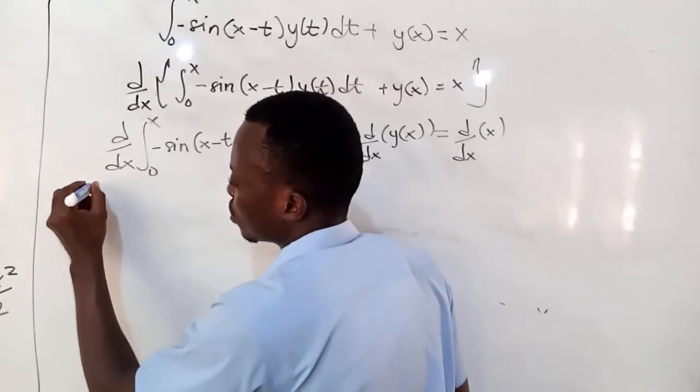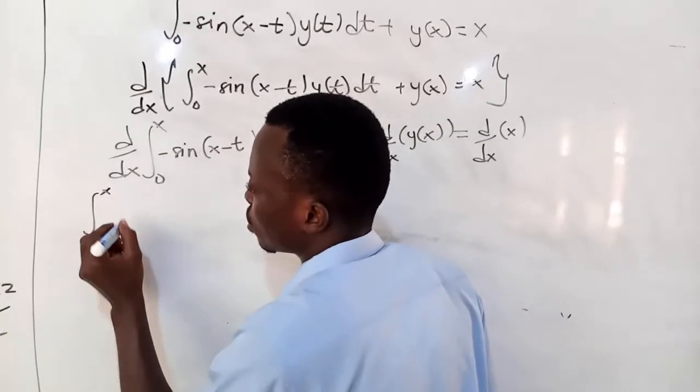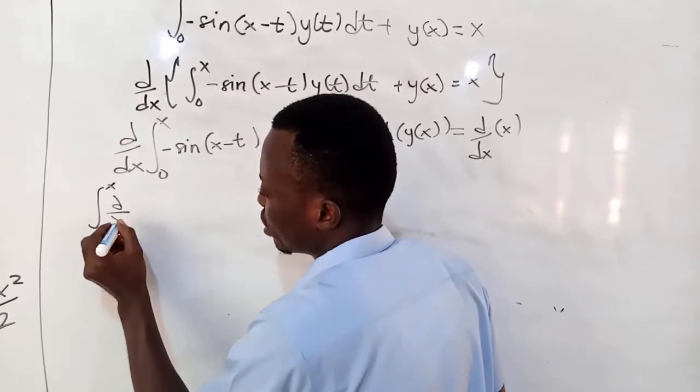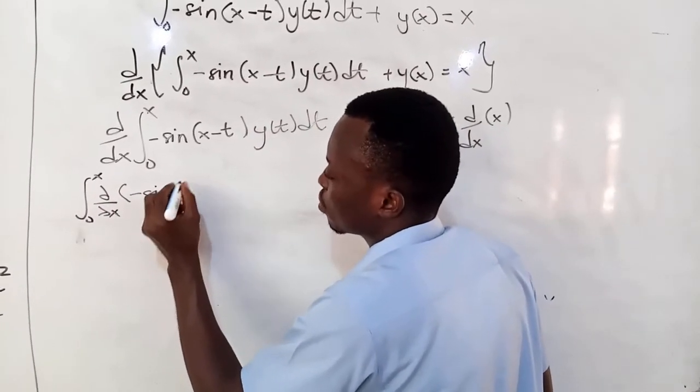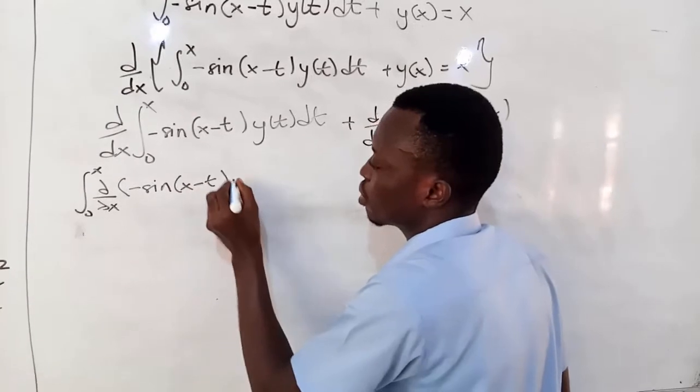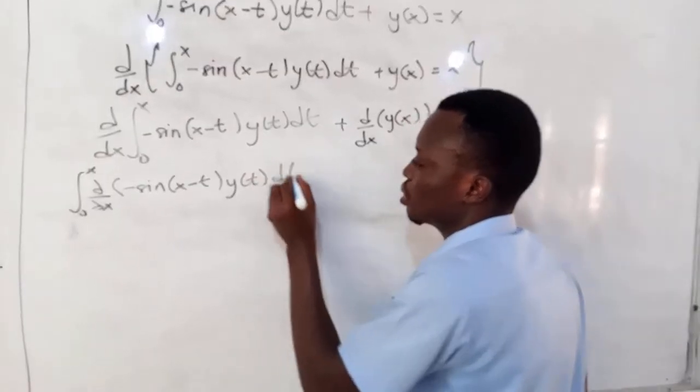I'm going to have the integral from 0 to s of del by del s of minus sine(s minus t) y(t) dt.